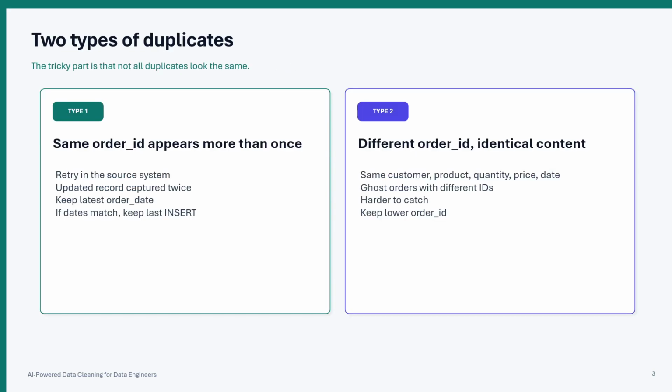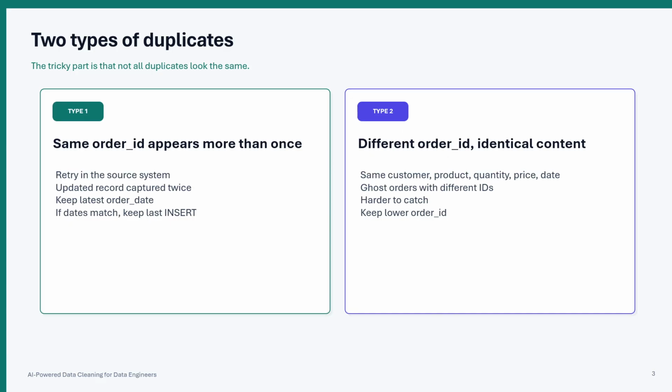So we have two types of duplicates. In this video, we will handle two types of duplicates, that is order ID duplicates and content duplicates. Order ID duplicates happen when the same order ID appears more than once in a file. It may happen because of a retry, a source system issue, or a repeated data extraction, whereas content duplicates are more tricky.